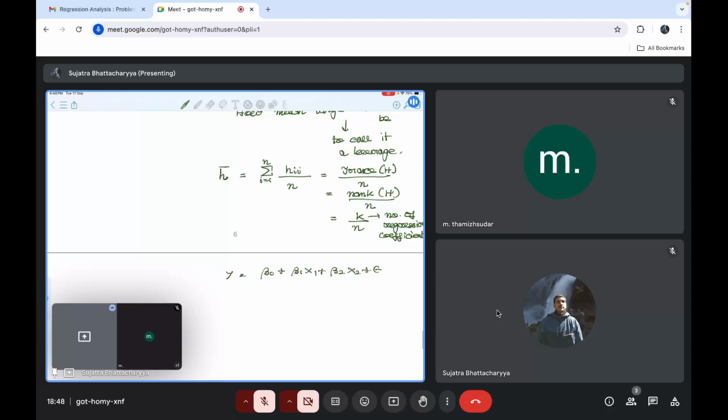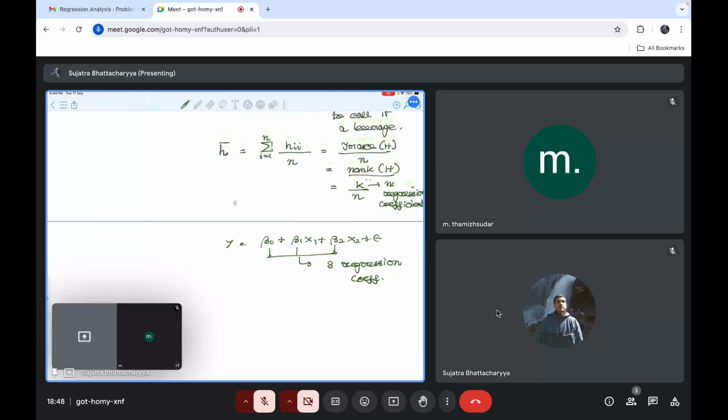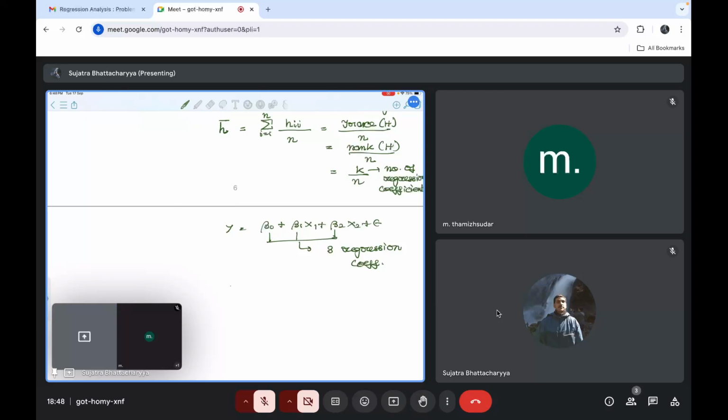If you have this model, how many regression coefficients? 1, 2, 3. There are three unknown parameters, three regression coefficients. Remember this, regression coefficients, not the number of regressors. Fine. So this is your K.